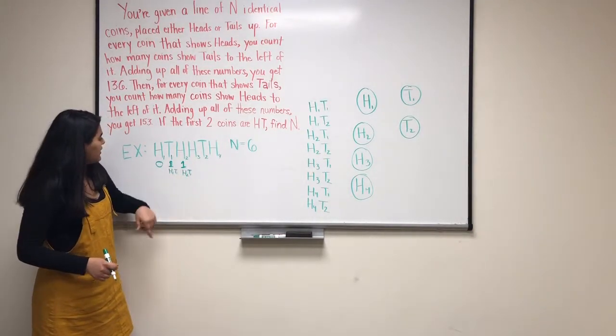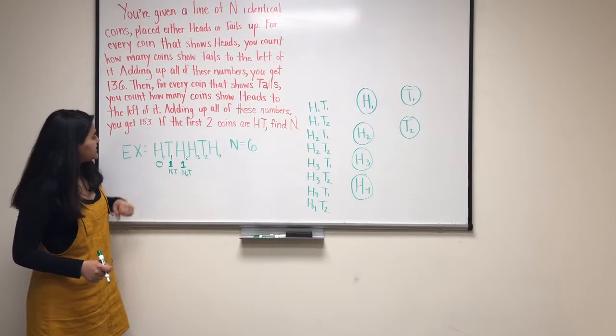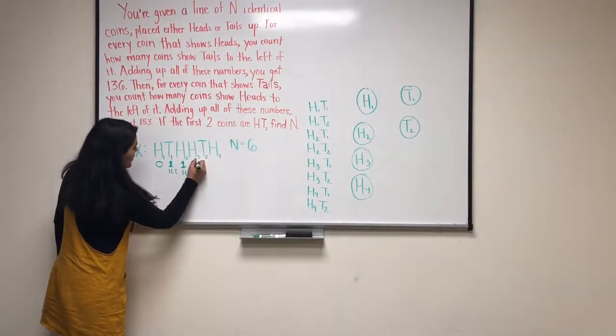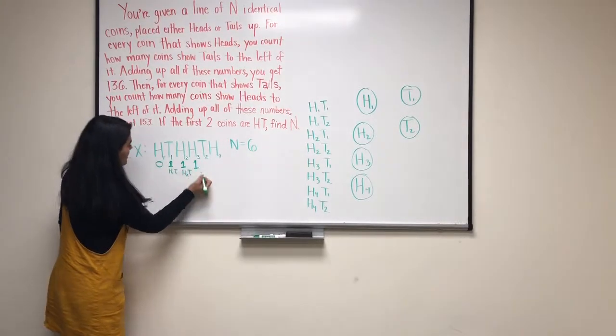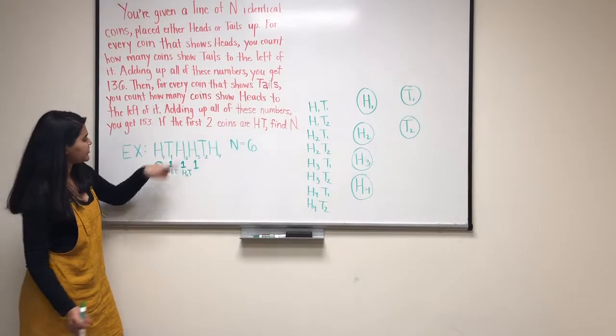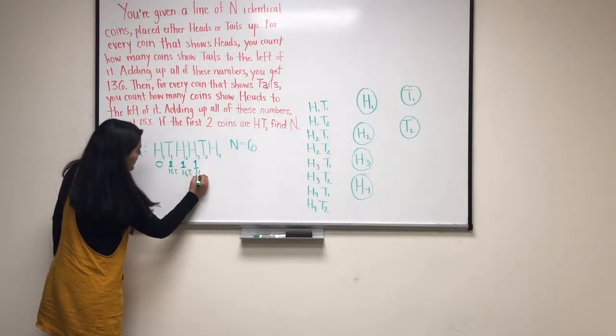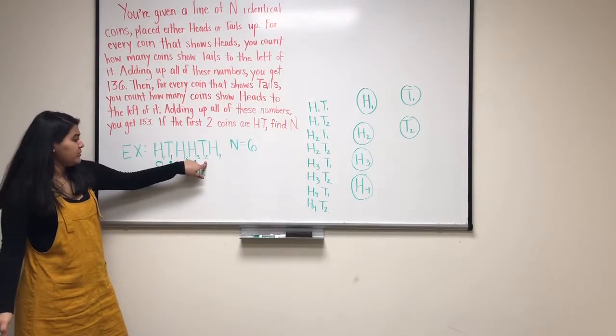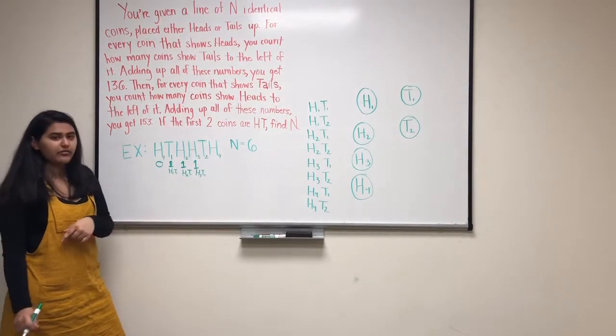Moving on to H3, there's just T1 to the left of it. That's the only tails. So its score is also just 1. And it got this one from T1. So I'm going to write the pair H3, T1 below. Now T2, it has 3 heads to the left of it.